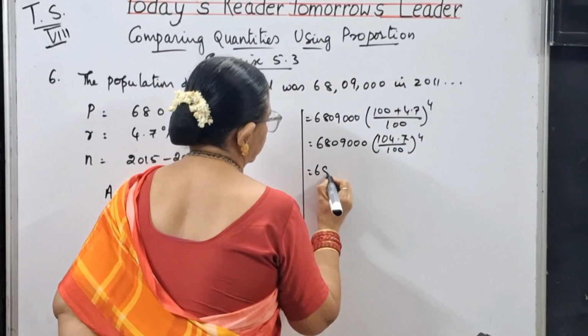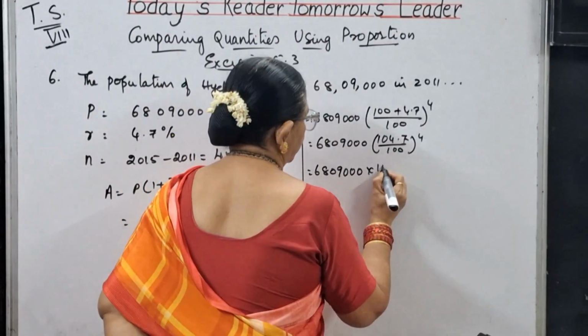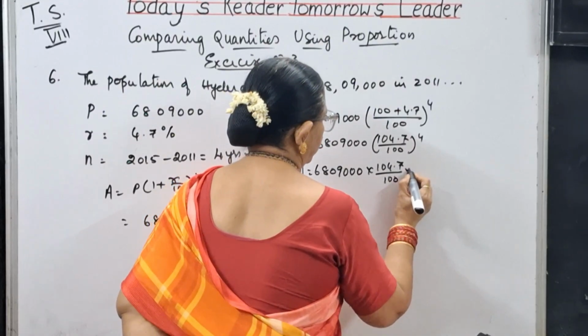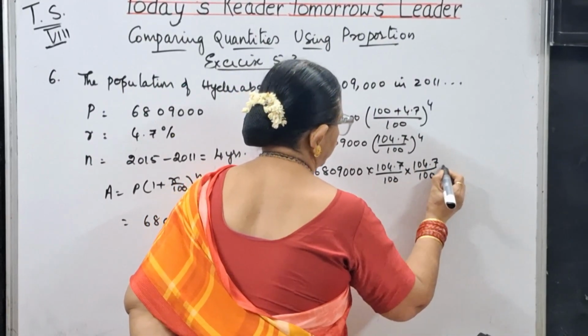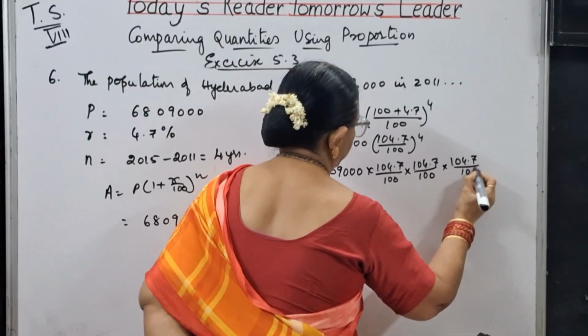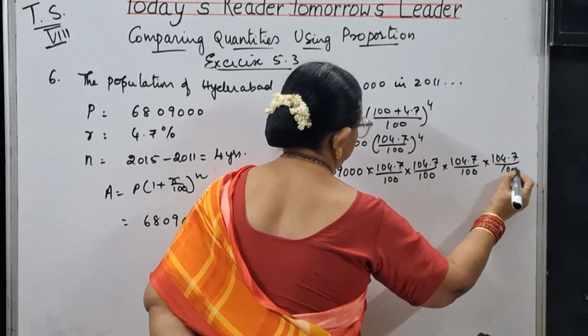That is 6809000 into 104.7 by 100 into 104.7 by 100 into 104.7 by 100 into 104.7 by 100.